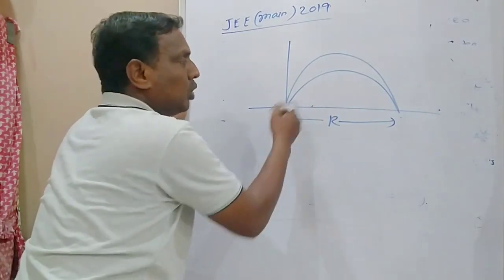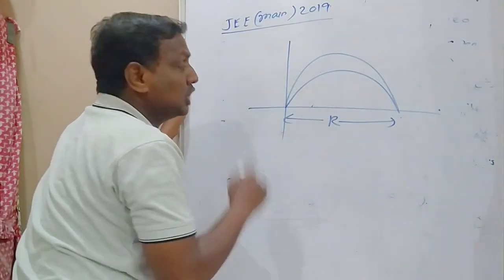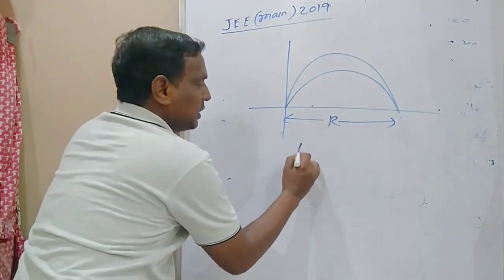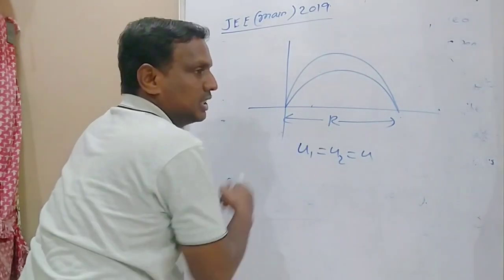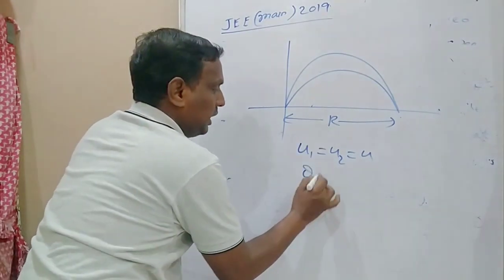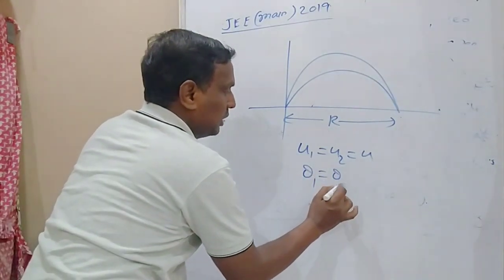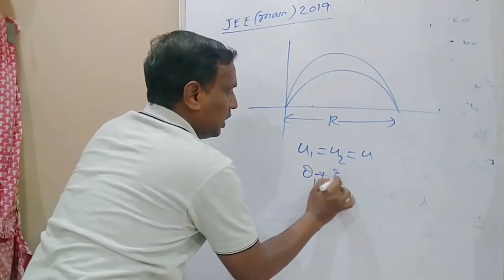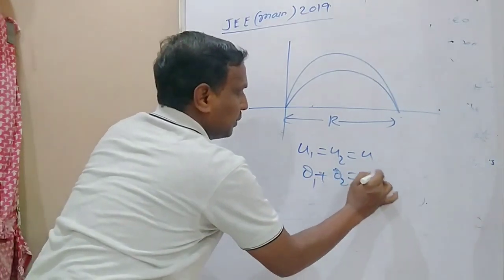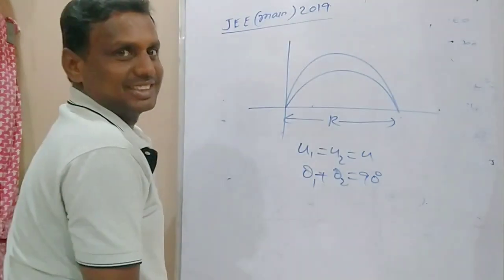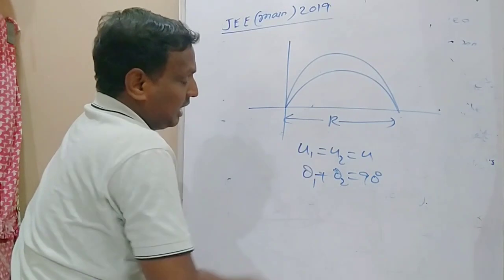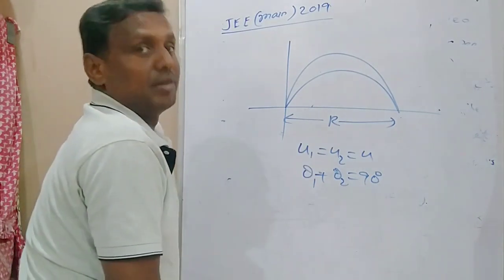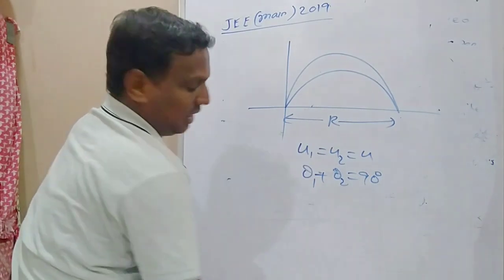Same speed, in both cases speed u is the same, that is u1 equal to u2 equal to u. And the range is the same. Compulsorily theta 1 plus theta 2 equal to 90 degrees. These are the conditions. Indirectly it is asking about the case of complementary angles. Okay. Now we can prove it.